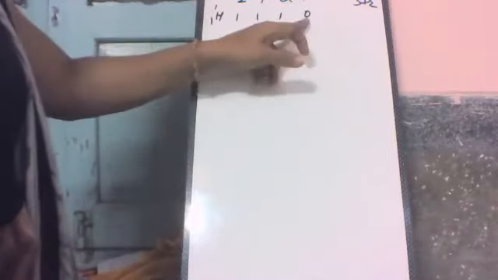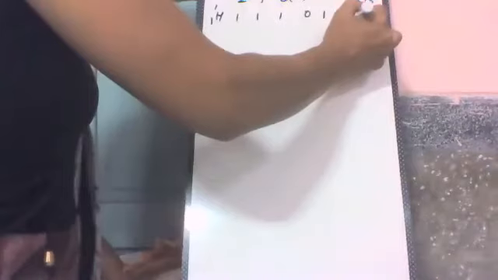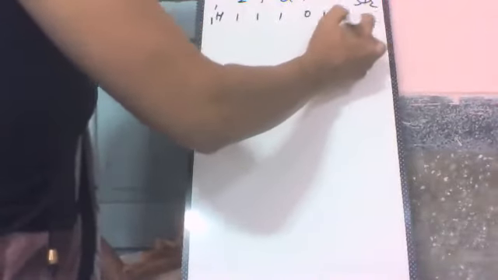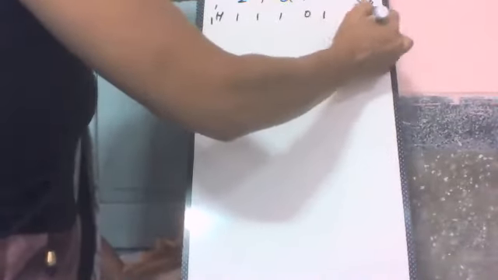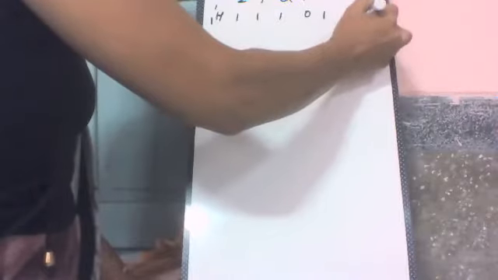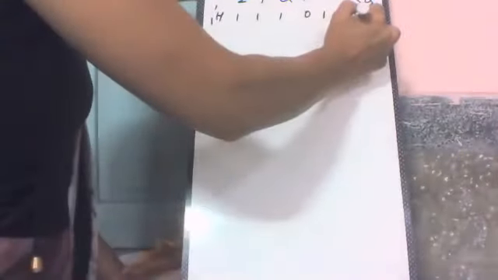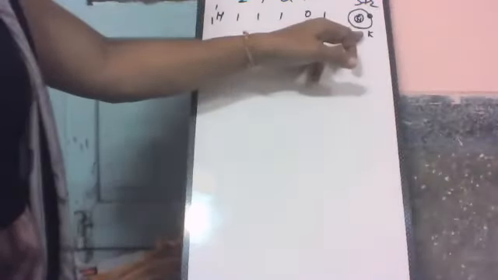So the number of protons is 1 but there is no neutron in hydrogen, and the atomic mass is 1. What is the structure of hydrogen? The nucleus and only 1 electron, so only the first shell and 1 electron here. Say proton and neutron, then say K shell. Only 1 shell is there, so it is known as the K shell.